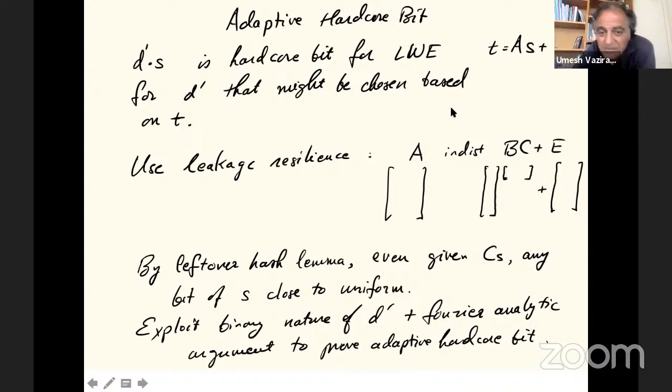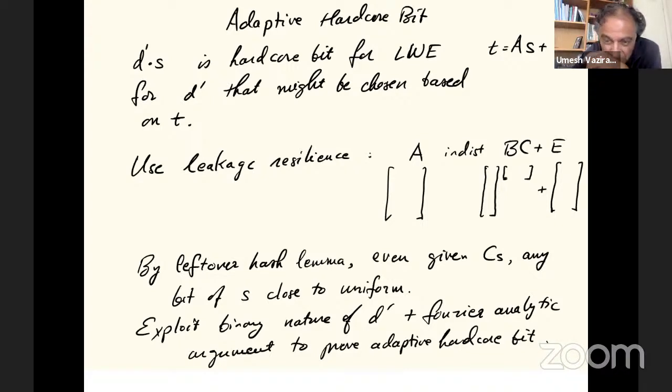Okay, so what we are going to do is use this leakage resilience technique. We can replace the LWE matrix A with this so-called lossy matrix, which is of the form B times C plus E, where B and C are low rank matrices compared to A, and E is an error matrix to try to hide the fact that this matrix has this low rank.